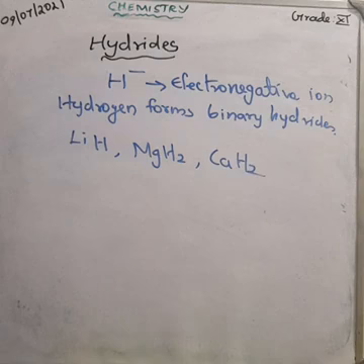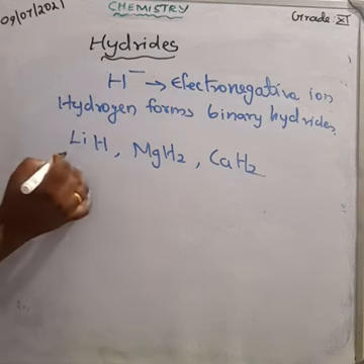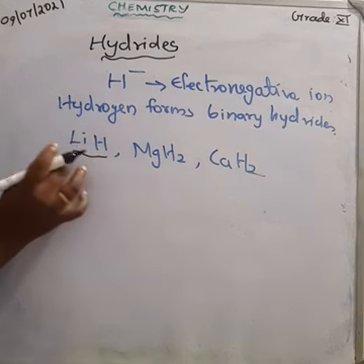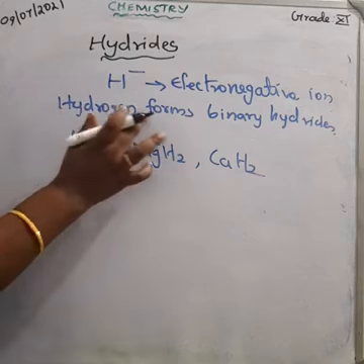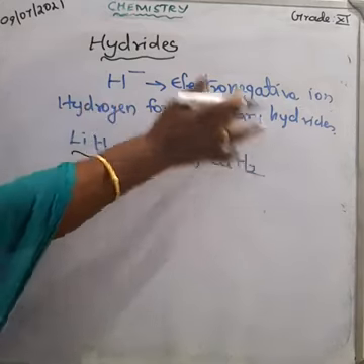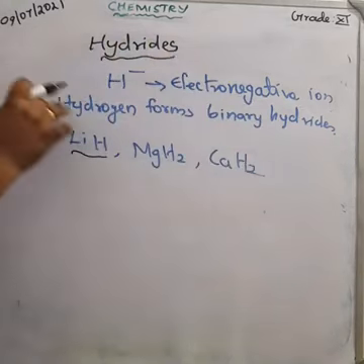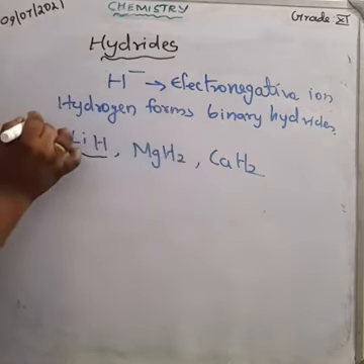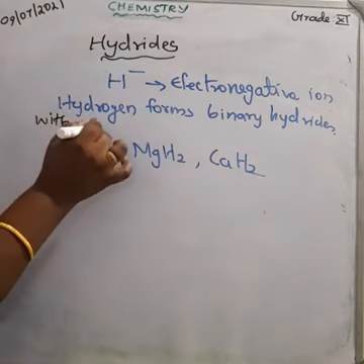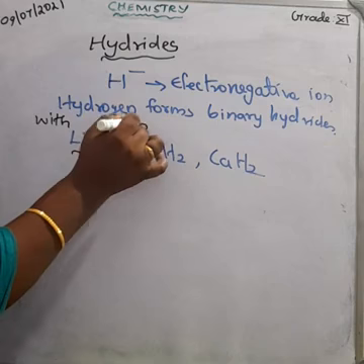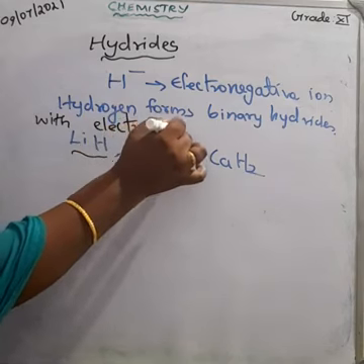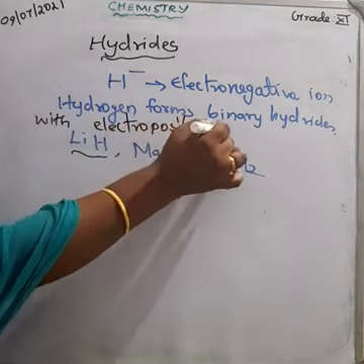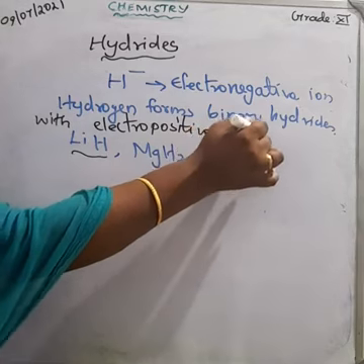So this is a hydride, LiH. Binary hydrides are formed with many electropositive elements including metals and non-metals. For example, LiH is one of the hydrides.